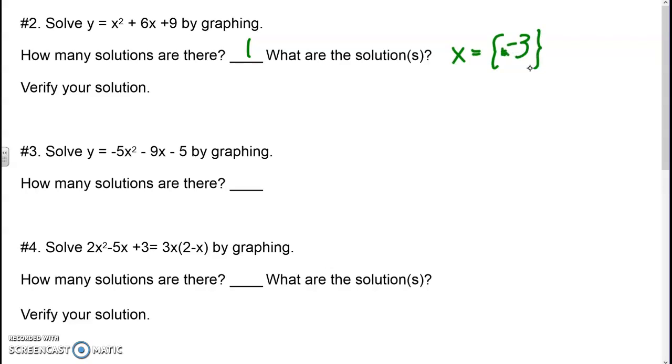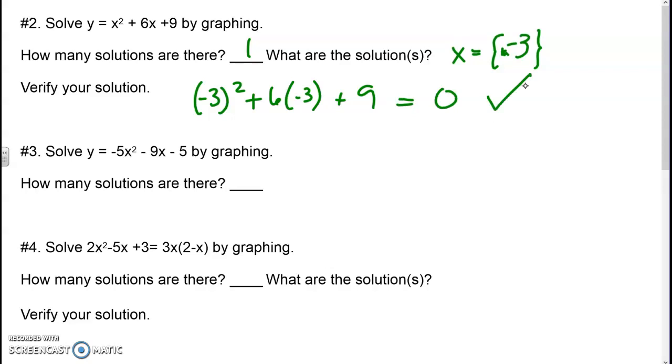I don't need 2 dots there. Verify your solution. Okay, well, if I put a -3 in for x, do I get 0? Hopefully I get 9 minus 18 plus 9 equals 0. Verified. Okay, next one. Go ahead and get it done.